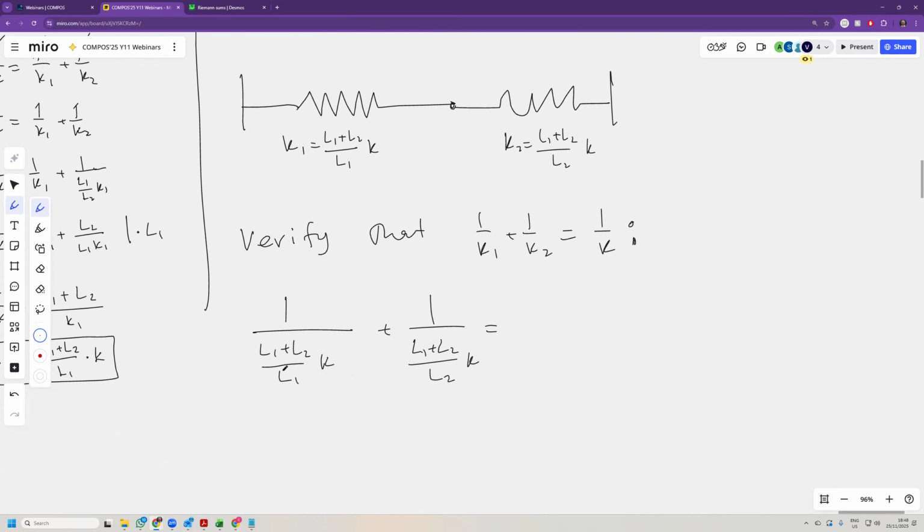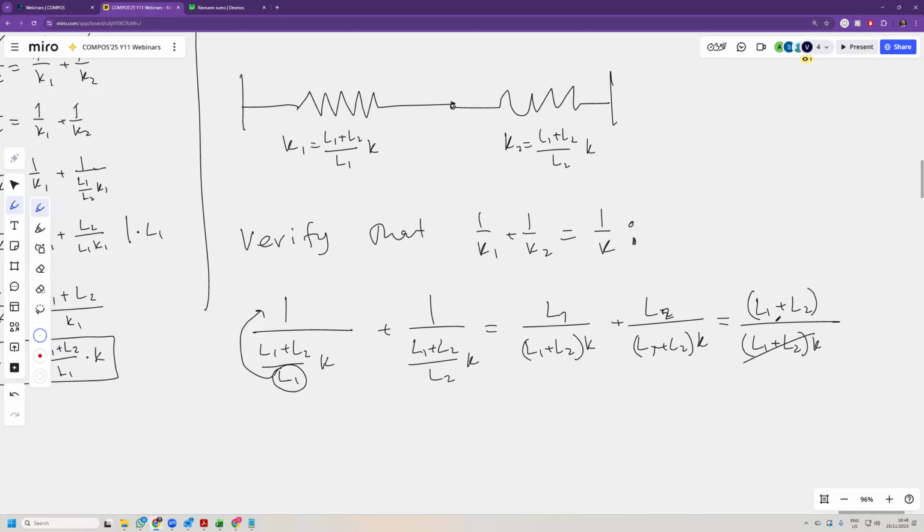If you have a double fraction, it goes on top. So it's going to be L1 divided by L1 plus L2 K, plus L2 divided by L1 plus L2 K. And then I add them. They have the same denominator, so it's going to be L1 plus L2 divided by L1 plus L2 K, and then this cancels out, and it's 1 over K, so true.